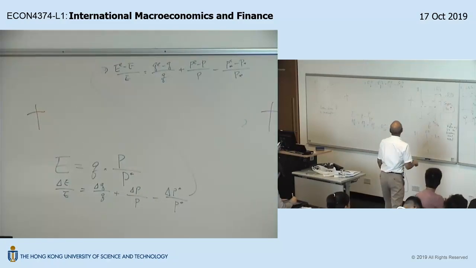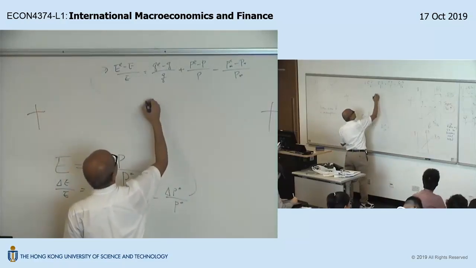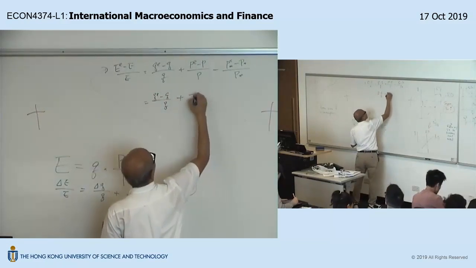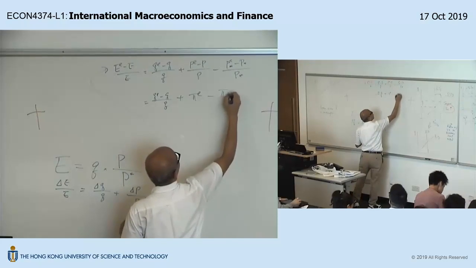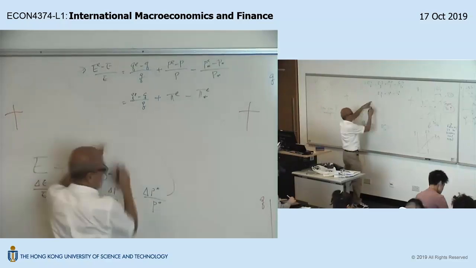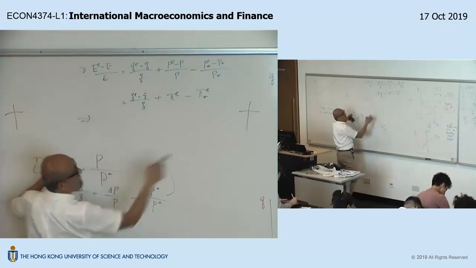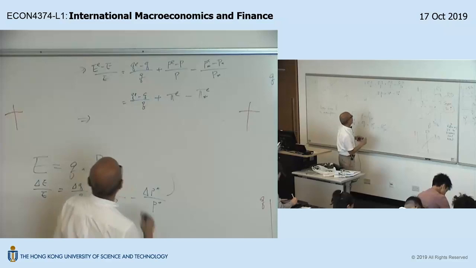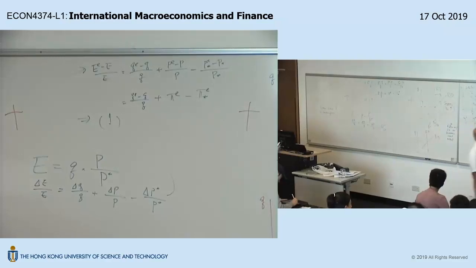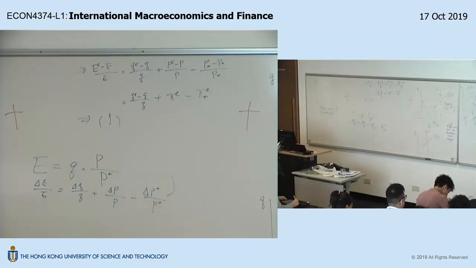Yes, it should be. This P is the P US. This is pi E, and this is pi star E. So you get equation 1. And then you combine equation 1 with equation 2. Basically you just substitute this for this, and then you get this equation.